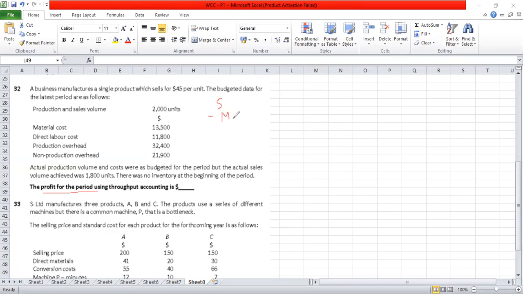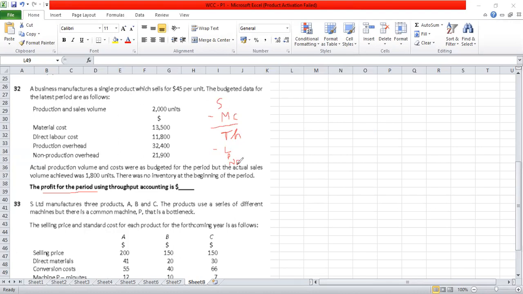Sales minus material cost is called throughput. From the throughput, we deduct all the other costs: labor cost, then the production overheads, and then non-production overheads. When all of them are deducted, the resultant figure is the profit for the period. So that is the logic we have to approach.